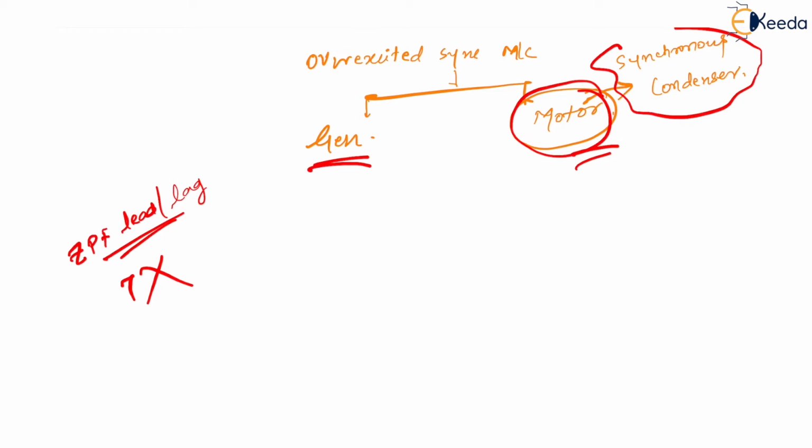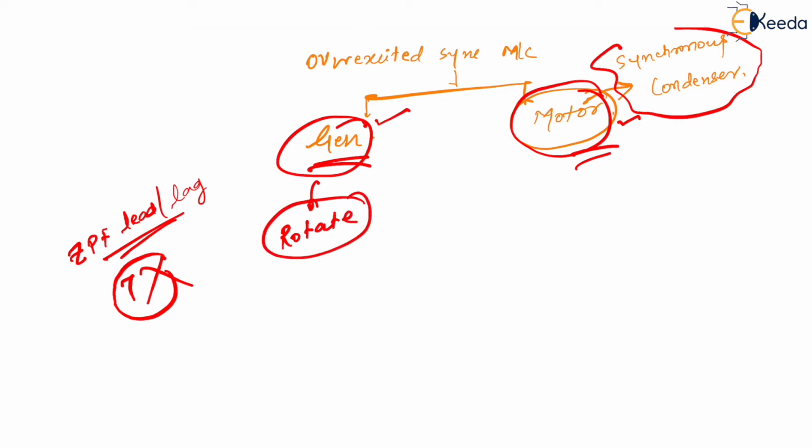But then you may say, yes, but if torque is zero, then it is zero in the case of the generator as well as in the case of the motor. Is that correct? Yes. But still, why we prefer the synchronous motor is because, see dear, when we think of a synchronous generator, you will have to first rotate it. And in order to rotate it, you need to use something called a prime mover.